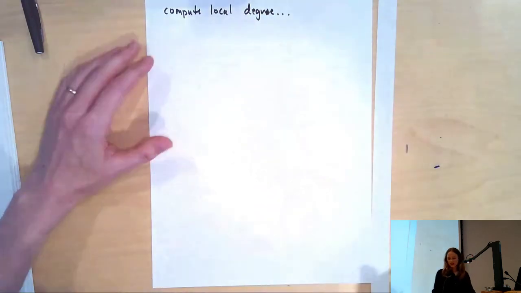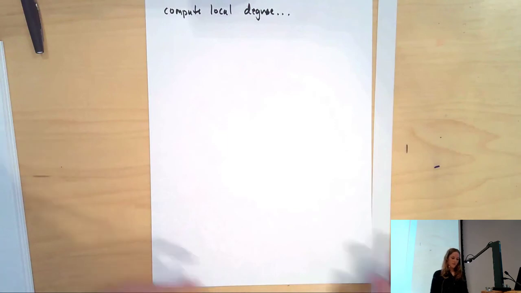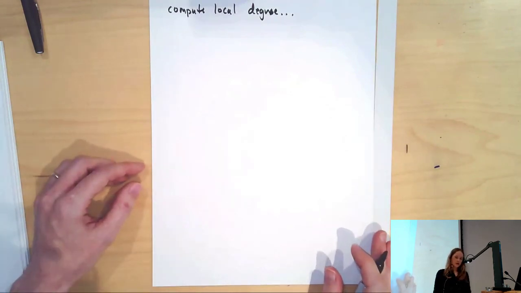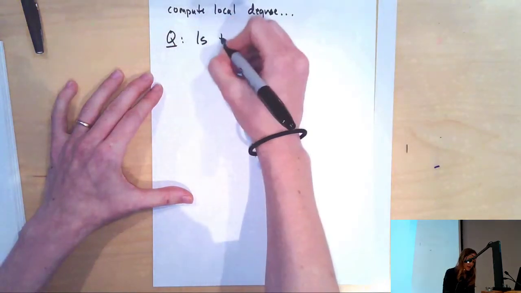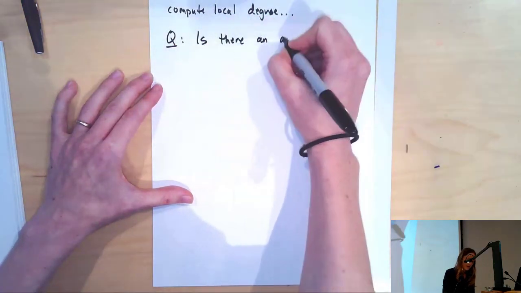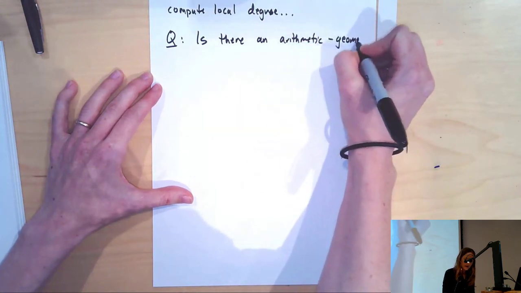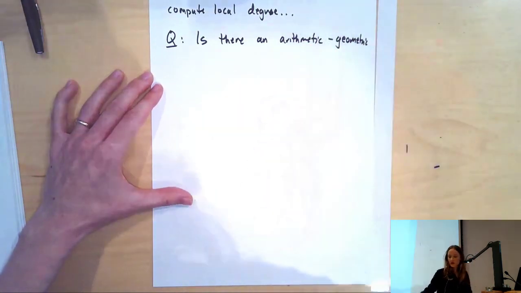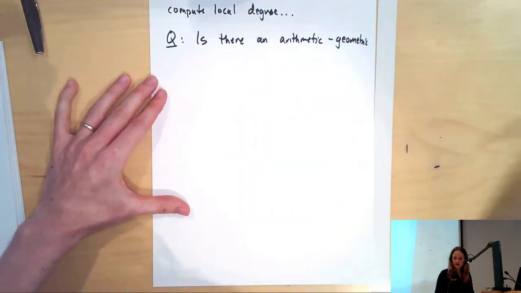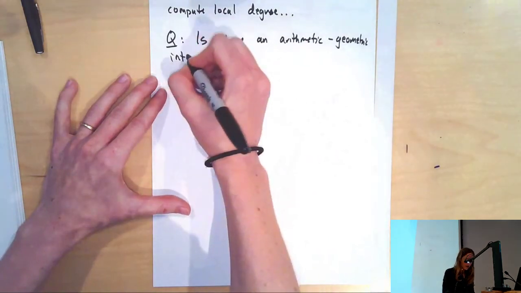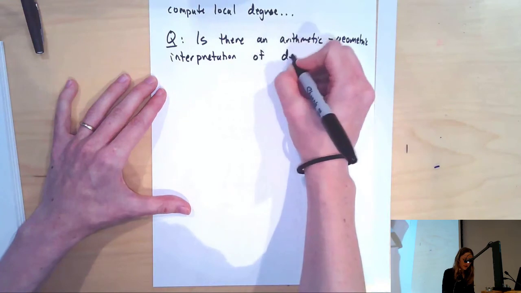Dot, dot, dot. And that has something to do with a determinant of a matrix with functions like this. But to get a fun theorem counting lines, we'd like to know, is there an arithmetic, geometric interpretation of the big determinant, or whatever it is, the recipe with all of the x's and y's, interpretation of the local degree?